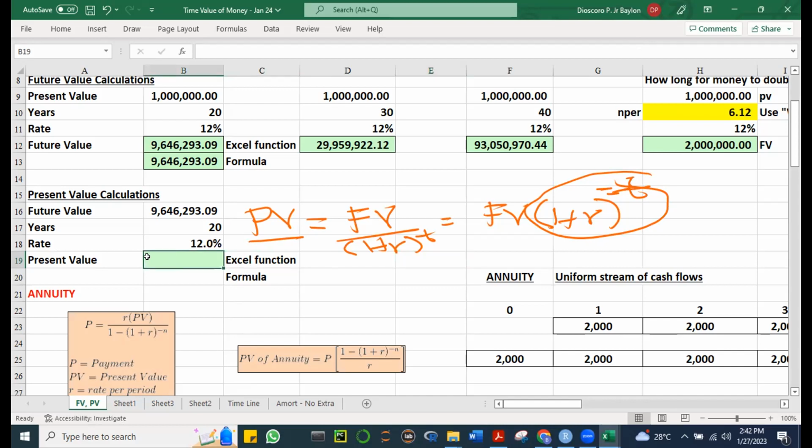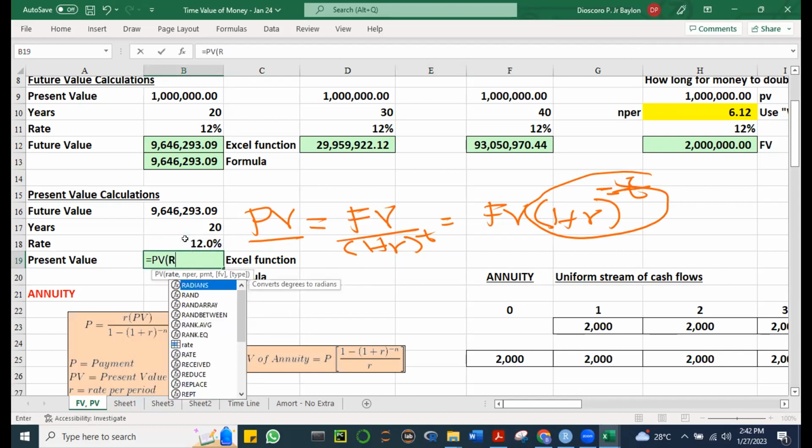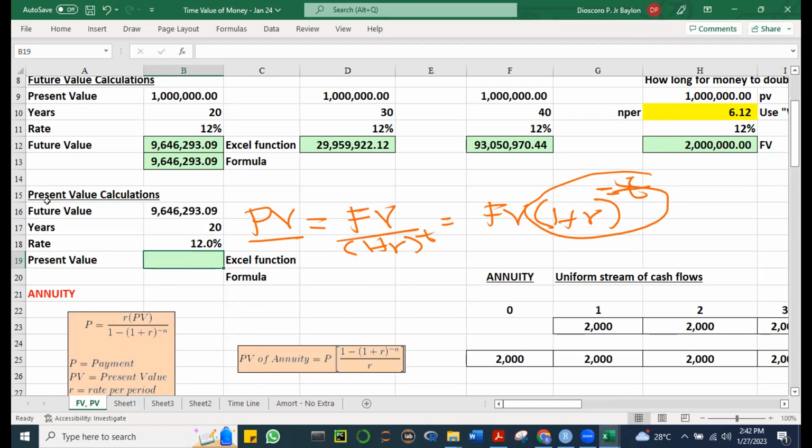So let's use the PV function. Okay, the rate is 12%. Excel function, oh wait, the formula first, sorry.